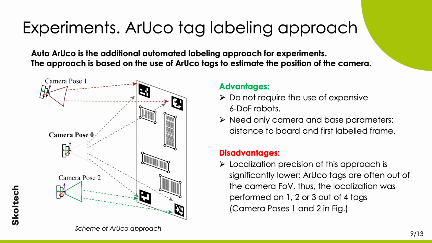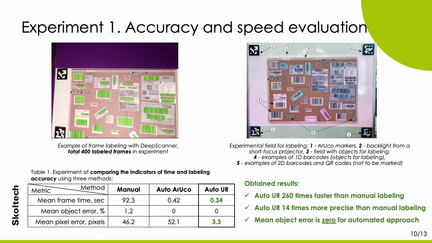We can see these labels on board in the scheme, which is presented in the slide. This approach is cheaper, but this method reduced the available area of camera movement. During experiments, the Aruco tags were often out of the camera FOV, so the localization was performed on 1, 2, 3 out of 4 tags, which further reduced its accuracy.